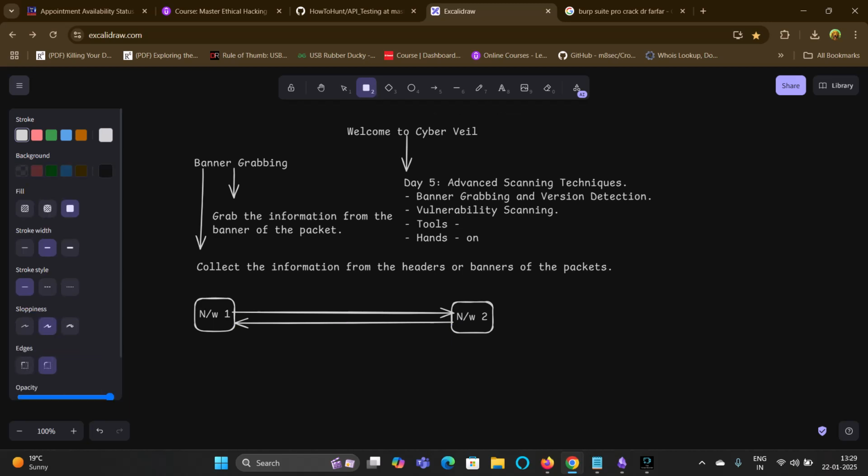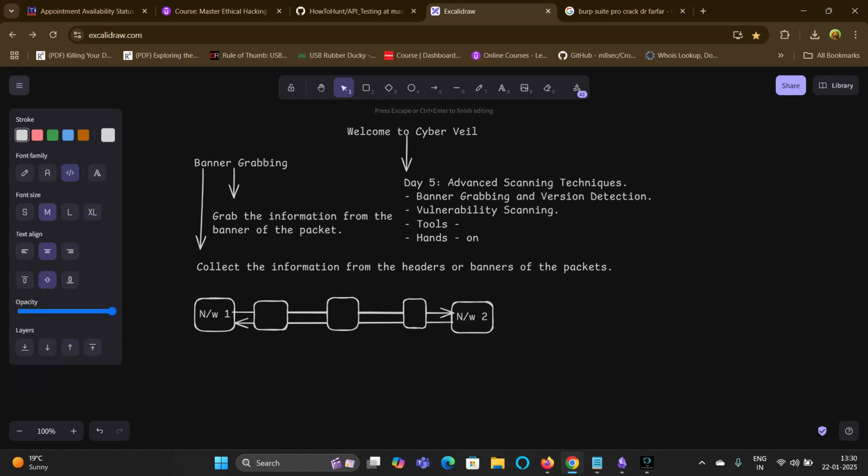So how is this data transmitted? Let's take one more so that it will be easier for you guys to understand. Let's say that these are the packets. The transmission of data from one network to another network is done with the help of packets.